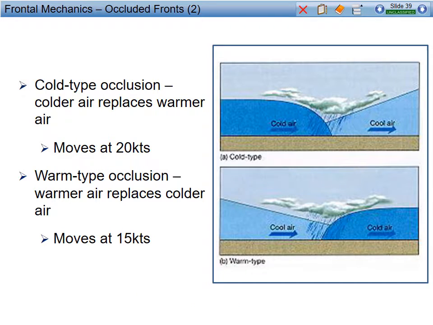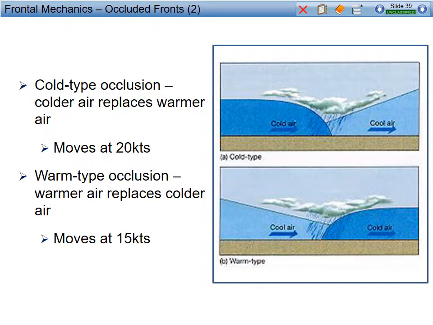With the occluded fronts, although they both travel in a northeasterly direction similar to a warm front, we can have two types, a cold type and a warm type, and depending on the type, the speed will be different. A cold type occlusion is going to move northeast at 20 knots, and a warm type will move northeast at 15 knots. The difference between these is going to be the overall change in temperature from beginning to end.